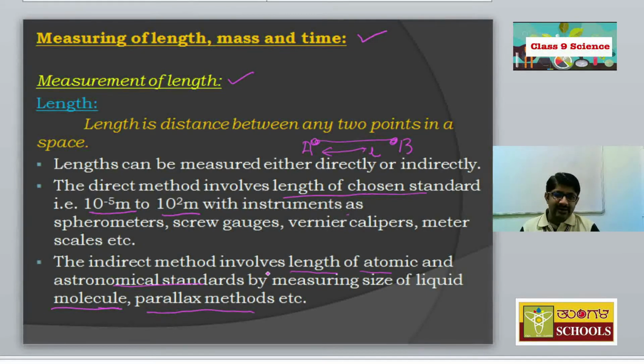Any length which is less than 10 to the power minus 5, we call atomic standards.